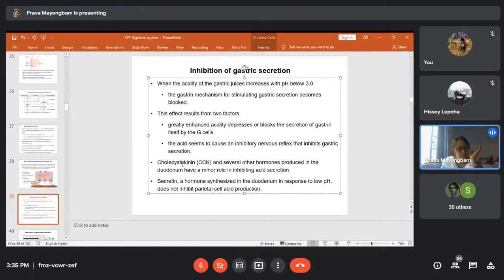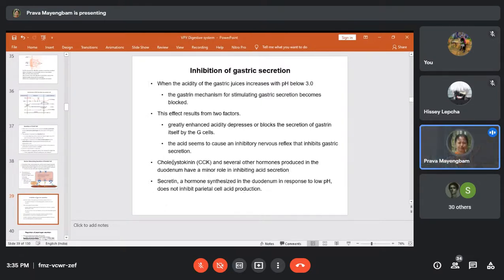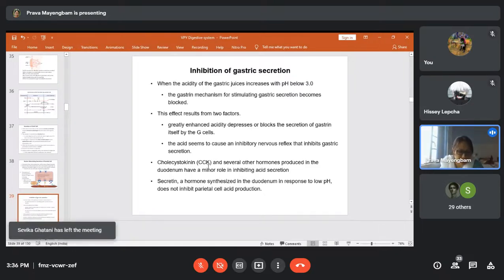Cholecystokinin secretion will increase in the presence of proteins or fats. When protein materials or fat materials are present in the duodenum, this is going to stimulate the secretion of cholecystokinin. Where will that protein or fat come from?